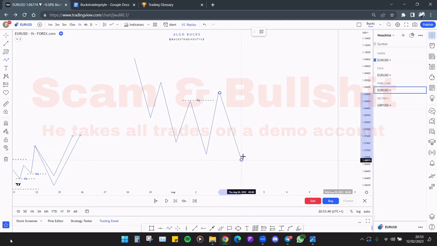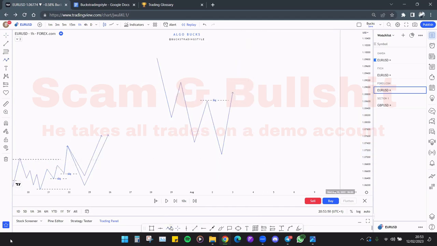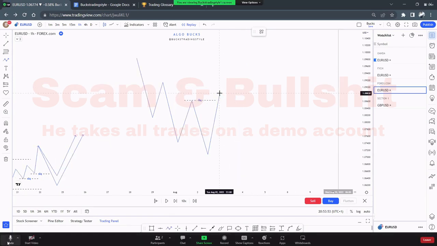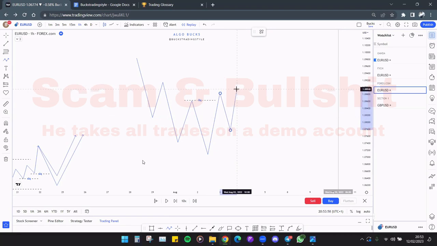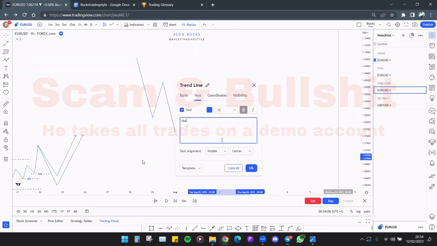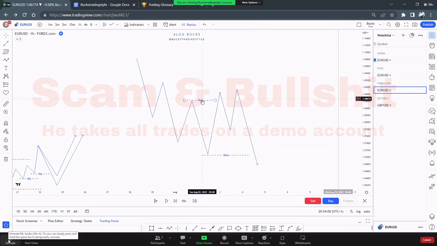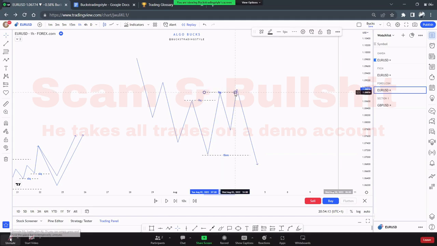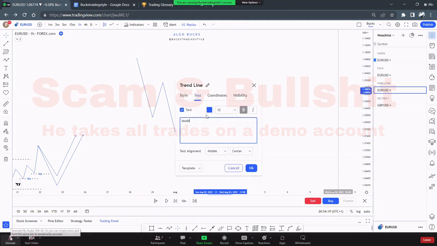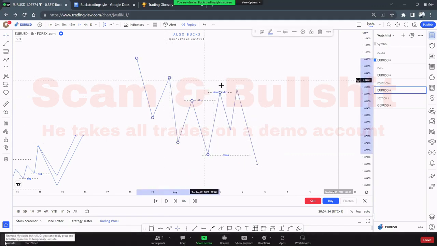If this fails to happen, price comes back down, and then goes back up to take out this other high before coming down to the true break of structure right here. So this becomes the second ILQ. In this case, we'll call this one the double inducement. Double inducement right here.